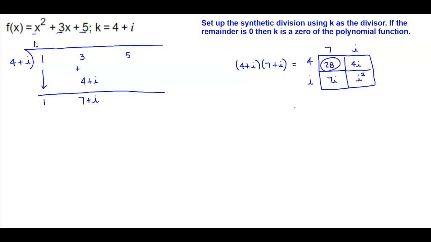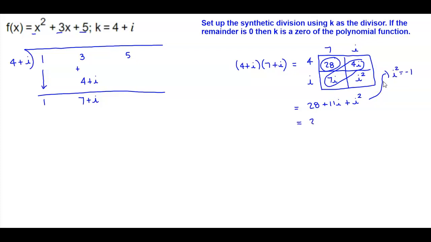So we end up getting the following. Now we're going to combine like terms. So we have 28. If we combine those two, 7i plus 4i is 11i, and then plus i squared. Now remember that i squared is equal to negative 1.